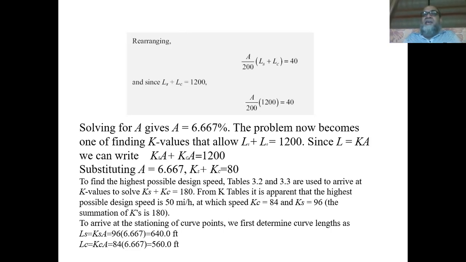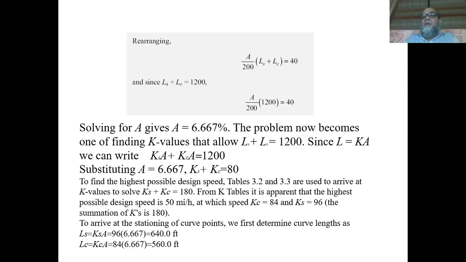For 30 miles per hour, K required is say 70, and for the same speed for the crest curve, we'll find K as say 40. So if I add 70 plus 40, this becomes 110.